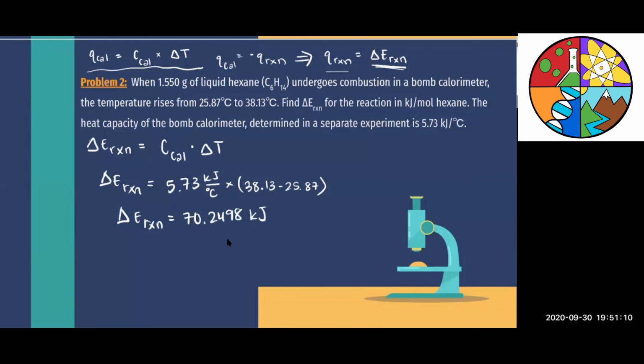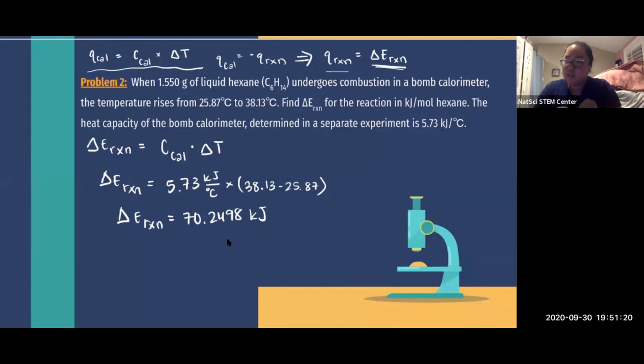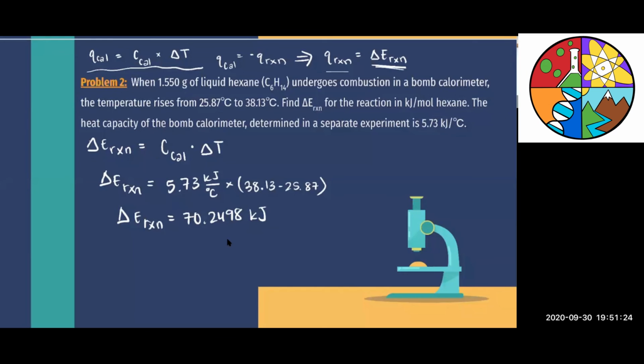So you mean the C calorimetry is 5.73 kilojoules over degrees Celsius? Can you explain what it is?